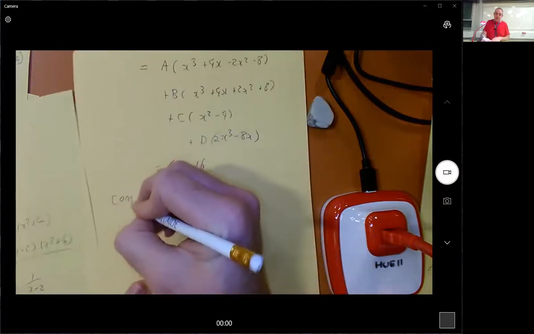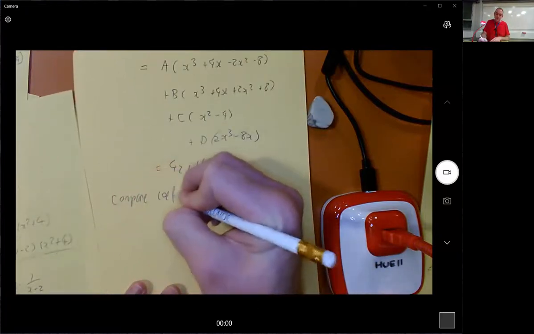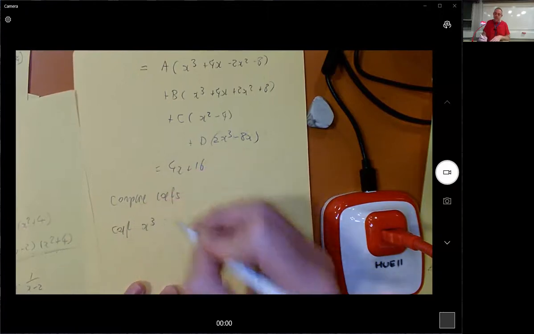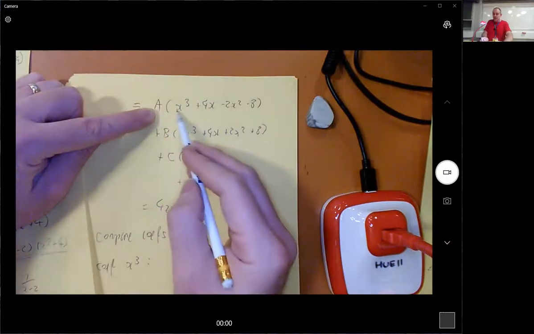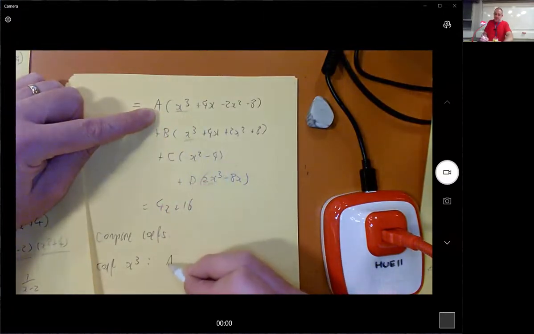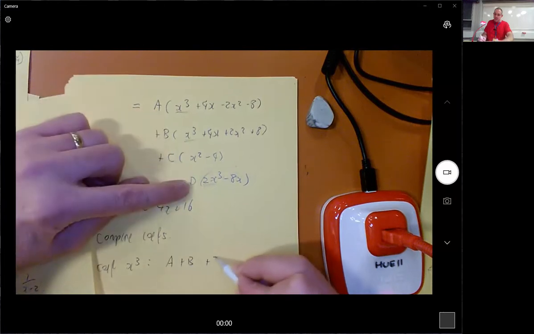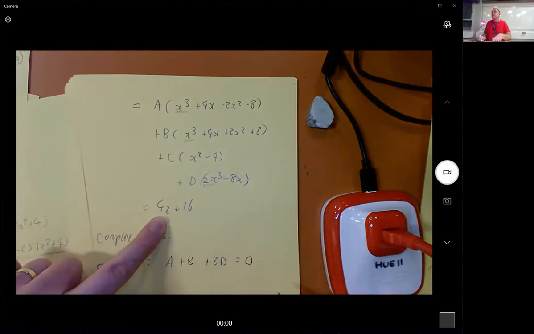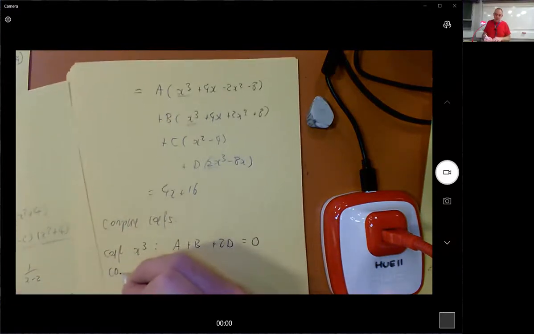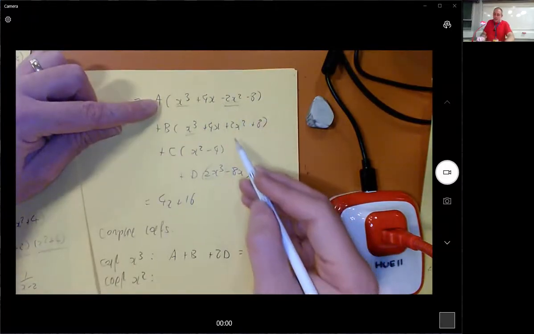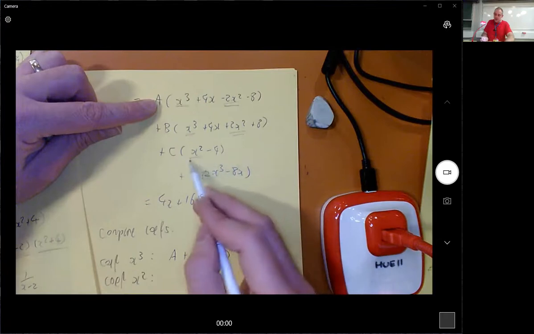So I'll compare the coefficients. So the coefficient of x cubed, now there's an x cubed here and here and here. So I have a plus b plus 2d, and that's supposed to be 0 because there aren't any x cubed in this one. And the coefficient of x squared, there's one here, and one here, and one here.